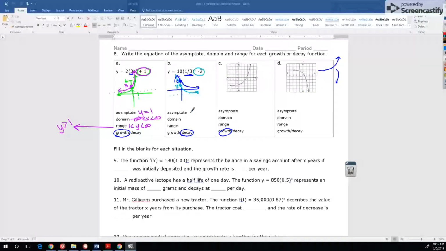This asymptote would be at y equals negative 2. Again, asymptote always matches that number that's added or subtracted onto the end. Again, my domain is from negative infinity to positive infinity, all real numbers, and my range is y is greater than negative 2. Or you can see it written as negative 2 is less than y is less than infinity.